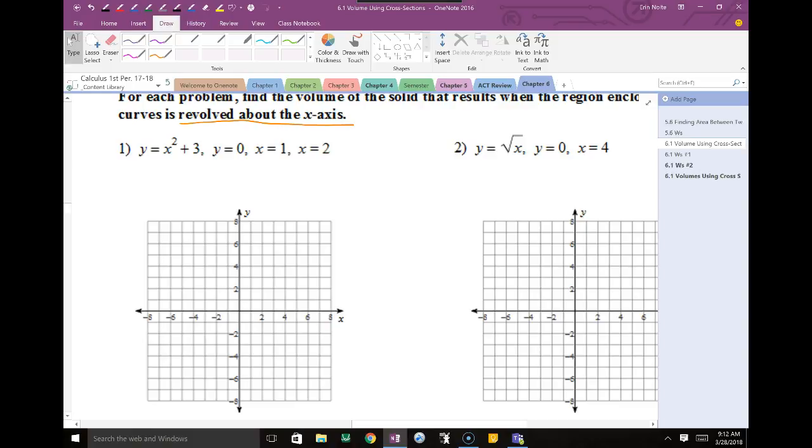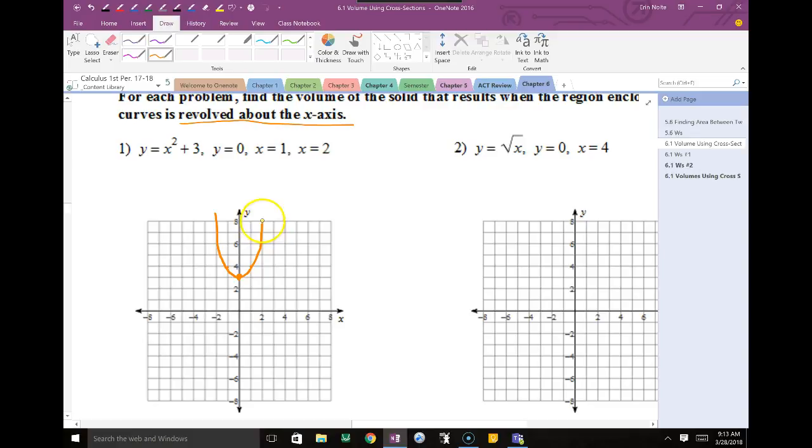If I was going to graph y equals x squared plus 3, what does that look like? It starts at 0, 3, and then projects up like this, so we've got a parabola.